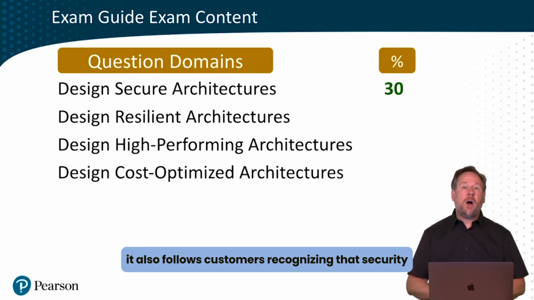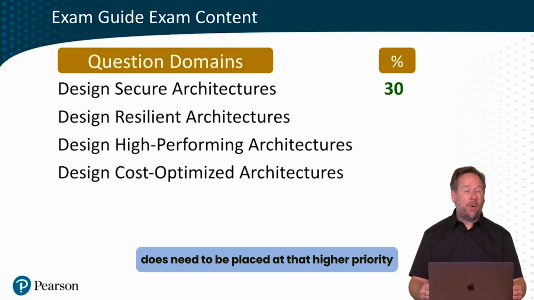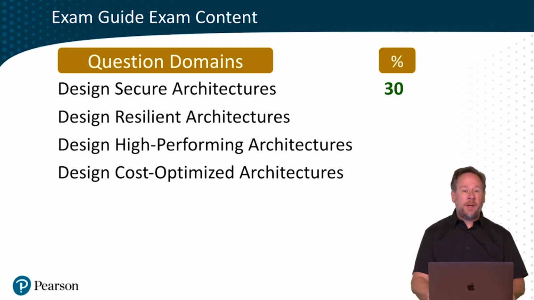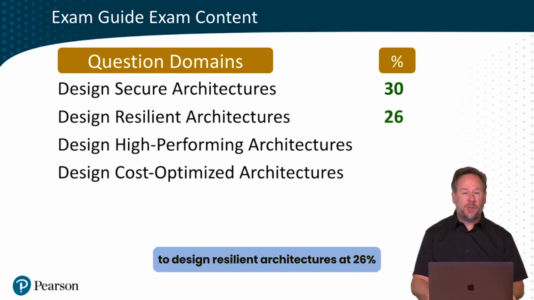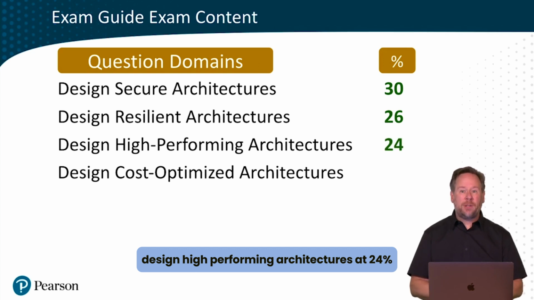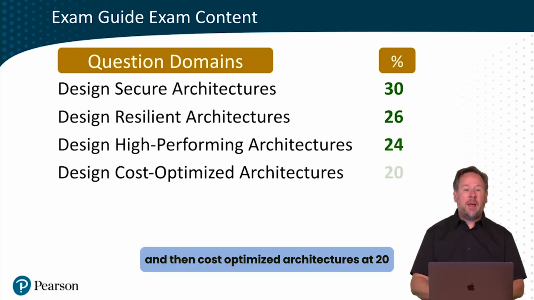It also follows customers recognizing that security does need to be placed at that higher priority ahead of other parts of solutions architecture. And so our other three question domains are to design resilient architectures at 26%, design high-performing architectures at 24%, and then cost-optimized architectures at 20%.